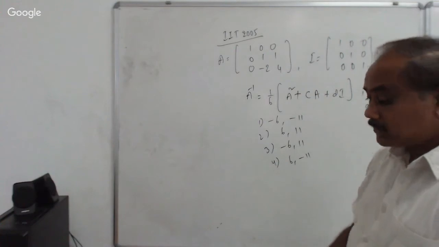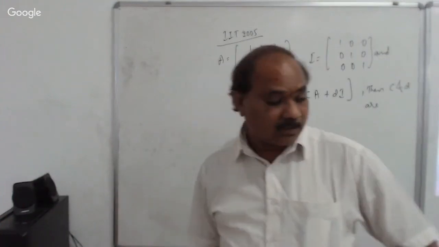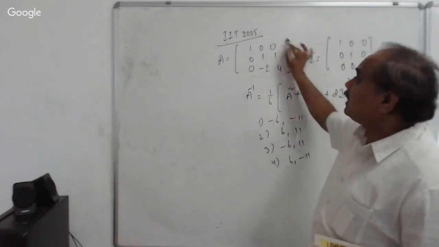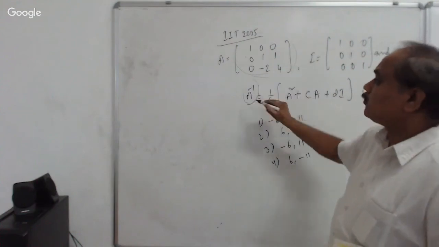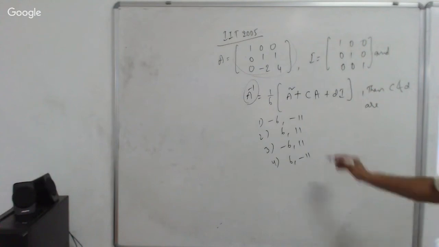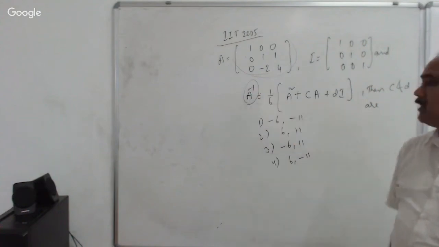If you try to get the result by using regular methods, it is very lengthy. Why? Because first, the given matrix is a 3 by 3 matrix. To find A inverse is not a simple method. And getting A inverse is also not sufficient.